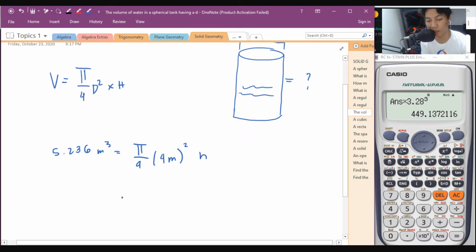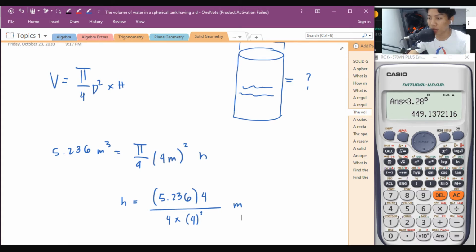So, the height will be 5.236 times 4 divided by pi times 4 squared. Anong unit dito? That will be meters. So, solve na natin yung value. The value will be 5.236 times 4 divided by pi times 4 cube. Kasi 4 times 4 times 4.